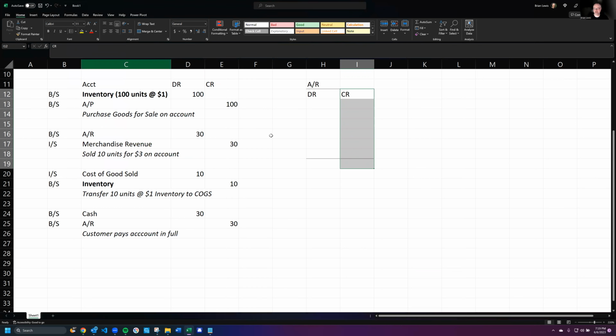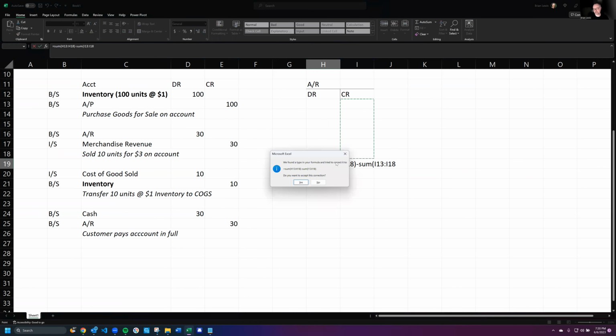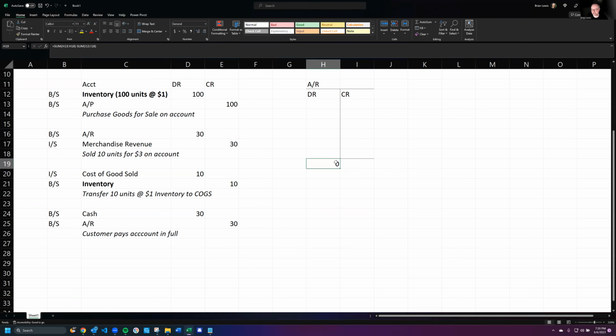Where's my left border? There we go. And since it's a normal debit balance, we're going to have the balance show up on the debit side. So we're going to have all of our debits minus all of our credits. Hopefully I got that right. Yep, I got it right.